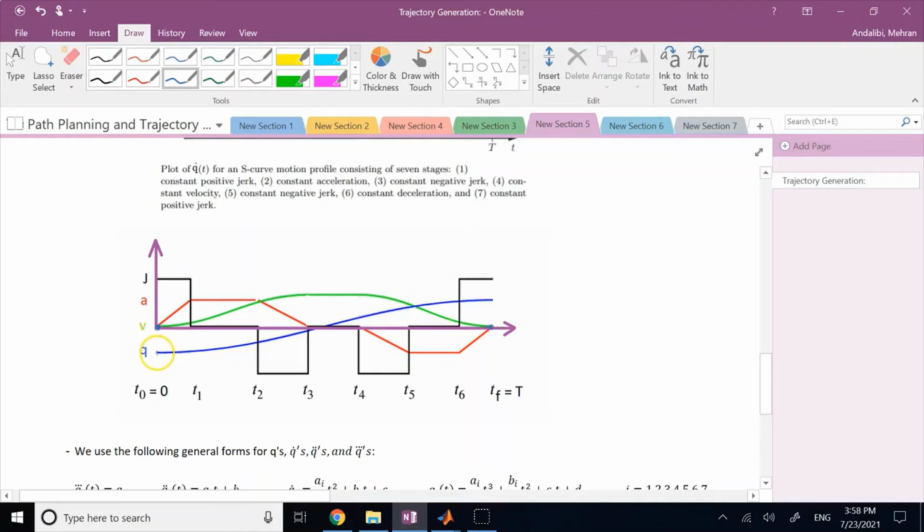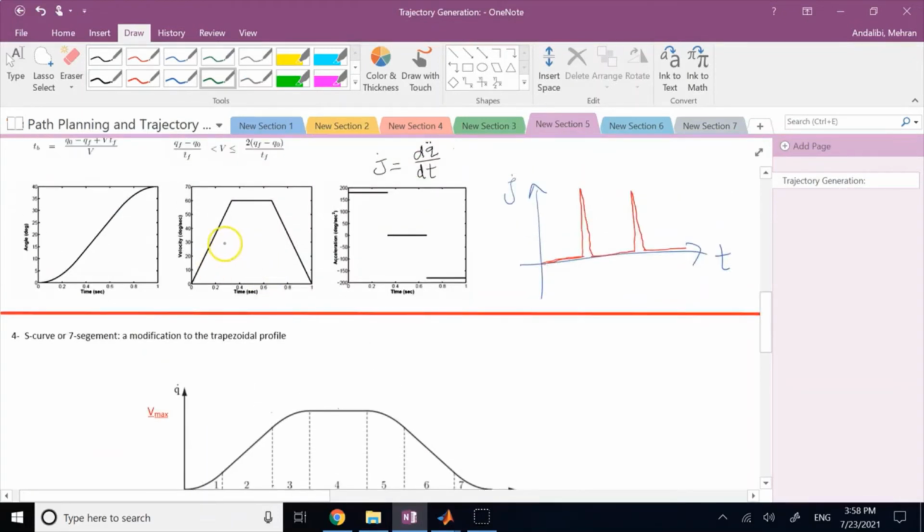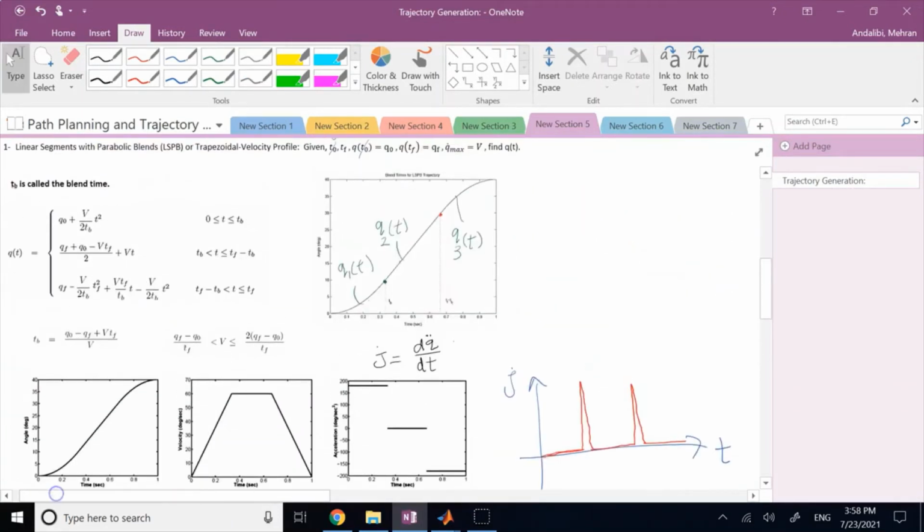Your start angle can be zero or non-zero, and your final angle is whatever you want to rotate. And if you look at the jerks now, you have some positive jerk, zero jerk, negative jerk, zero jerk, negative, zero, and positive jerk. So the motion consists of 7 separate parts, despite the previous one being just 3 parts, if you remember, right?